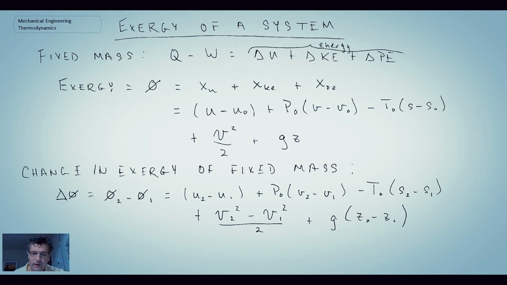And so that's what we end up with for the change in exergy of fixed mass. And we can also have on a per mass basis, delta capital X would then be equal to the mass times our delta phi, or the change in exergy.